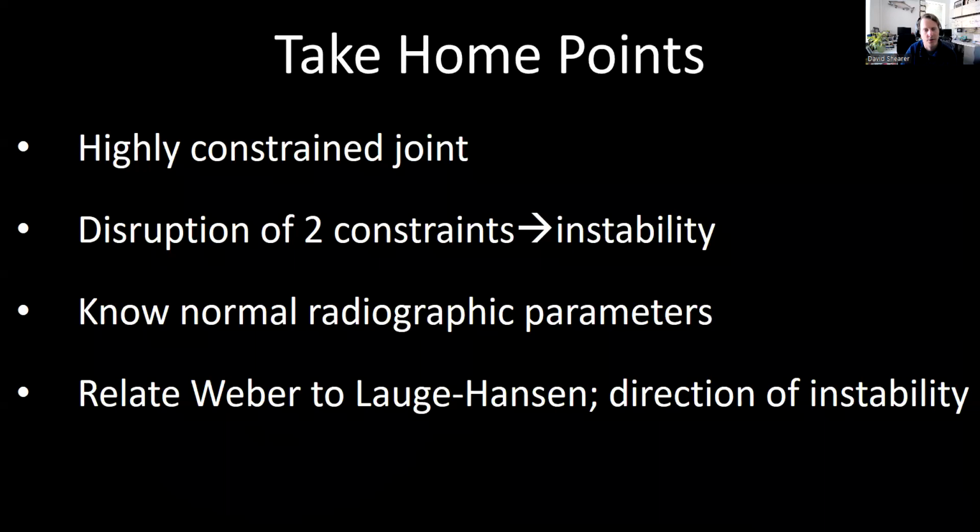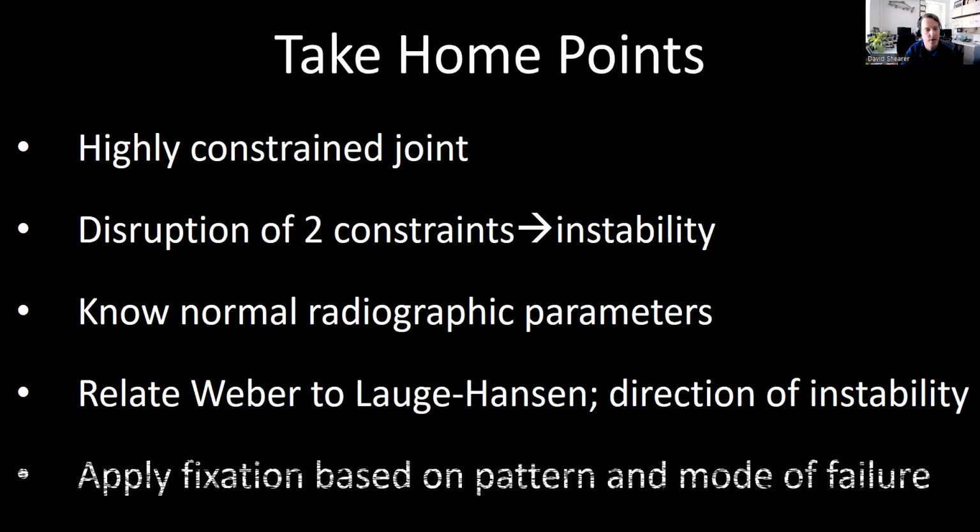It's important to know the normal radiographic parameters on both the mortise and lateral views in particular, and understand the classification systems and be able to relate the Weber to the Lauge-Hansen system. Weber A is SAD, Weber B is SER, and Weber C is a pronation injury, and understand what the implications of those classification systems are for the direction that the talus has displaced.